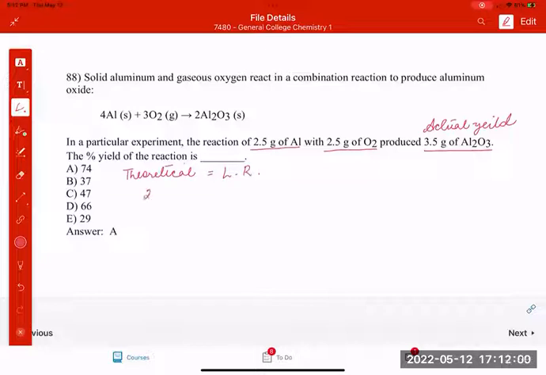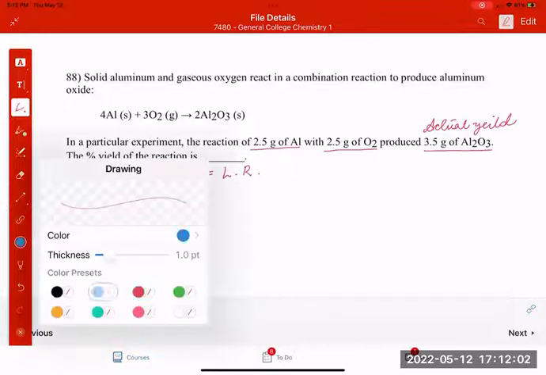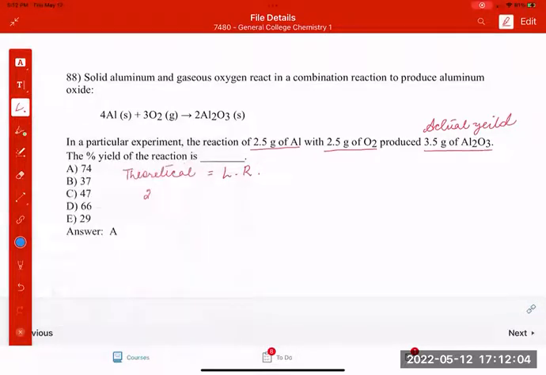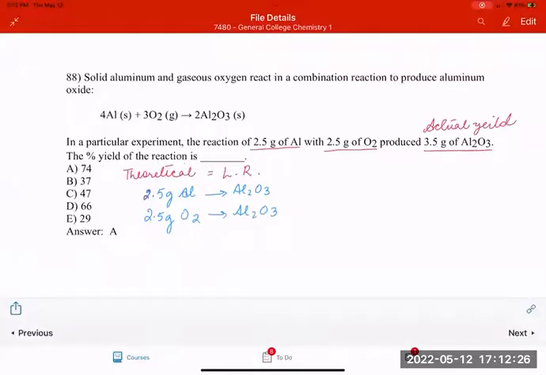You're going to take 2.5 grams of aluminum, and you're going to find how much Al2O3 you can produce. Same is the case with 2.5 grams of oxygen, and how much Al2O3 can you produce. The one that's giving you the lowest, use the lowest amount.